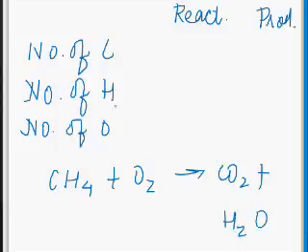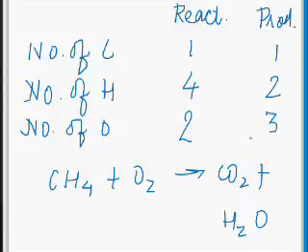So the number of carbon atoms in the reactant is 1, CH4, 1 C atom, and in the product it is also 1. The number of hydrogen atoms on the reactant side is 4, CH4, and on the product side there are 2 hydrogen atoms from H2O. The number of oxygen atoms on the reactant side is 2 and on the product side it is 3.